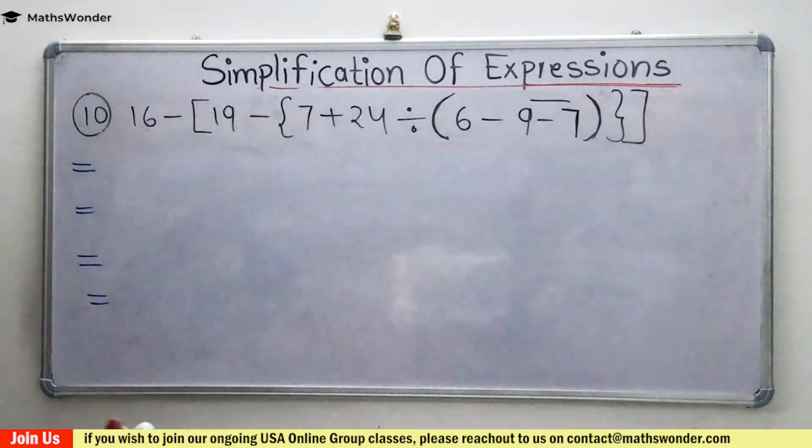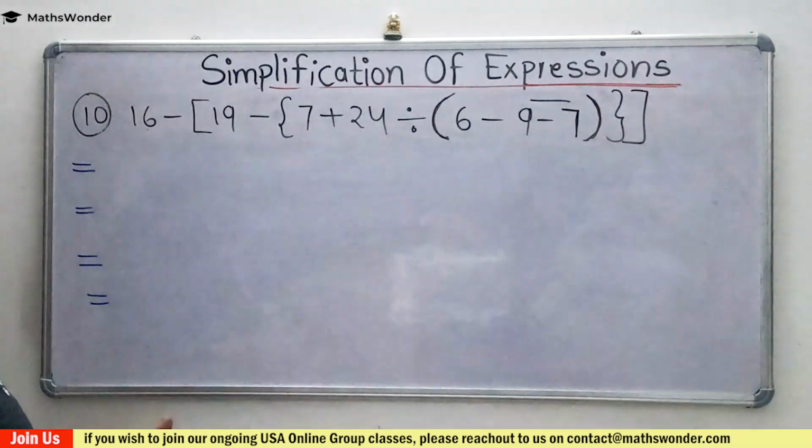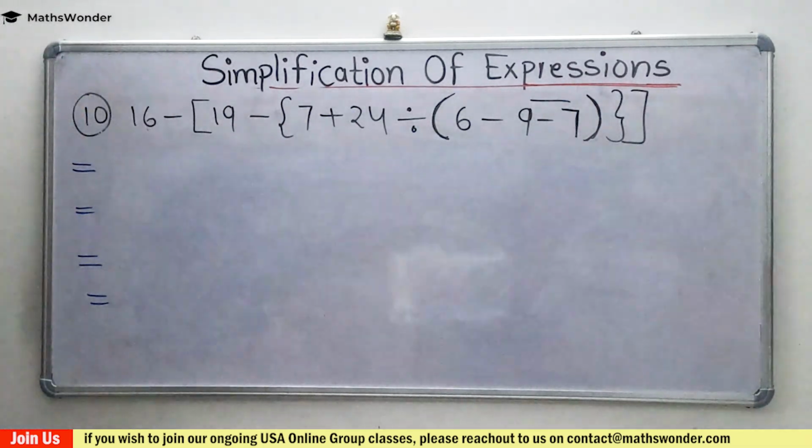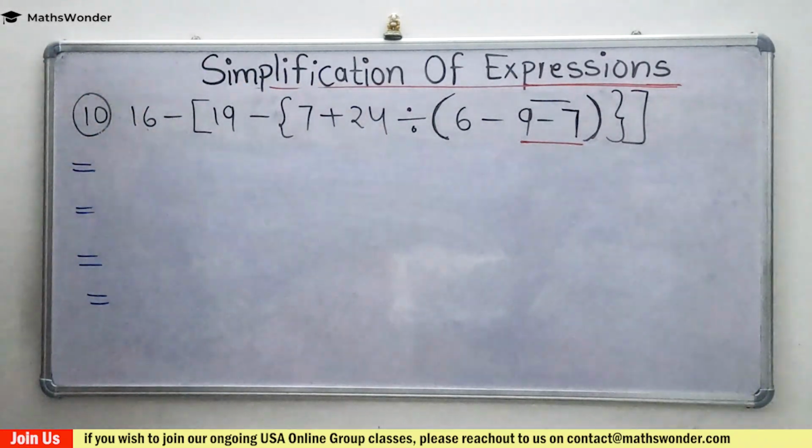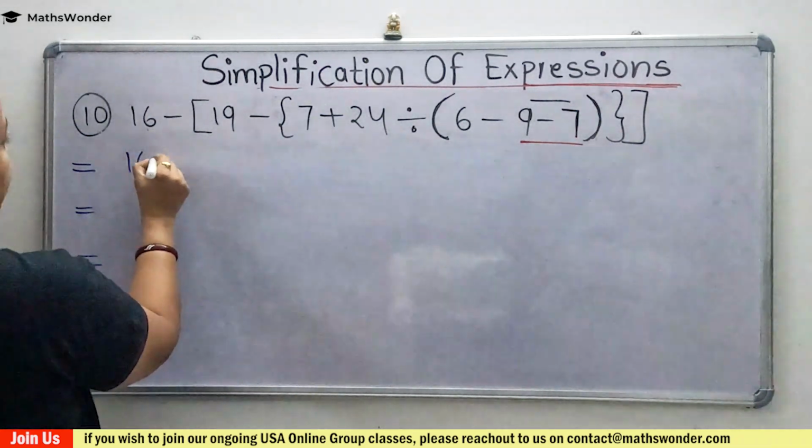Now this is the 10th question. Which part will you solve first here? Now the difficulty level is changed. Now we'll solve this part here first, right? The remaining we'll write it same. 9 minus 7, okay, so remaining you will write it as it is.